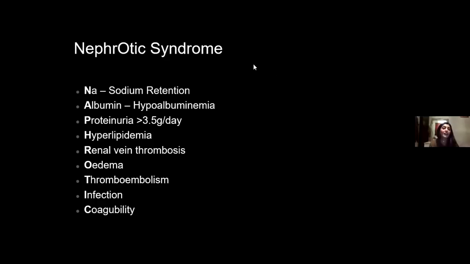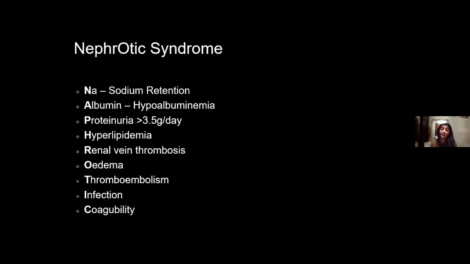Okay, I will tell you then. Because we have loss of intravascular volume, because we've become so edematous, our kidneys trigger the RAS system. The RAS system leads to sodium retention to try and increase our blood pressure, because we've lost so much pressure from the loss of our proteins. So that's why we get sodium retention.